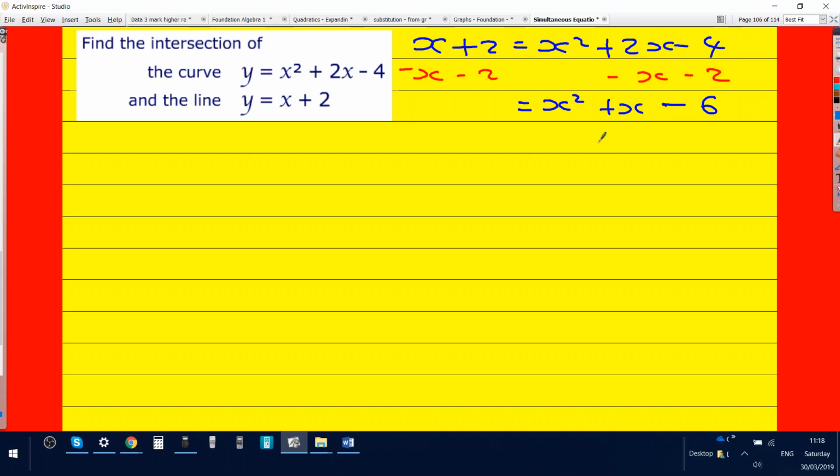So 3 and 2, so 3 minus 2. So x plus 3, x minus 2. x equals minus 3 or 2.